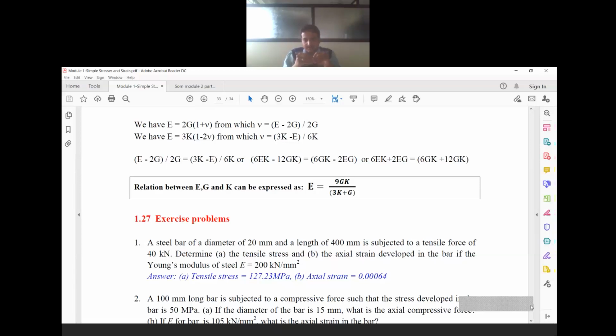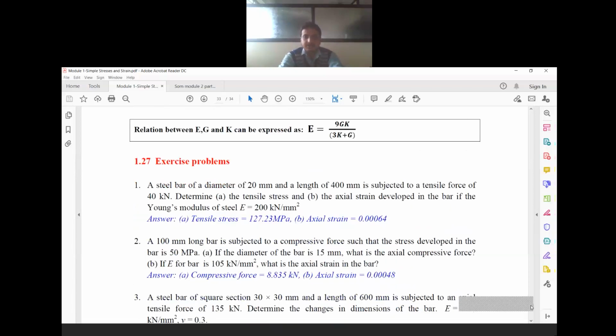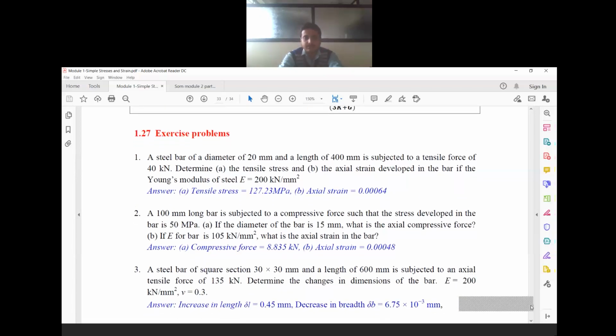So this is about the very basic principle, simple, as the chapter name itself says, simple stresses and strains. Okay, so we have learnt about simple stresses and strains. In that, we have also done a few problems.